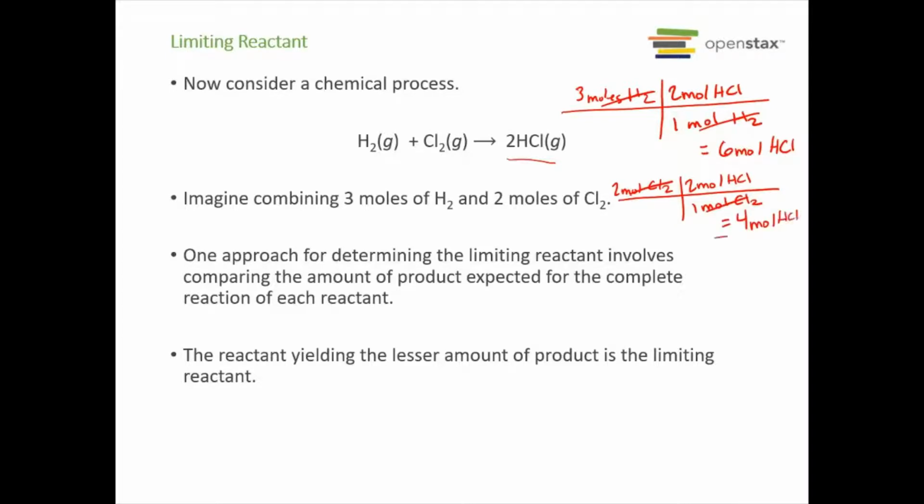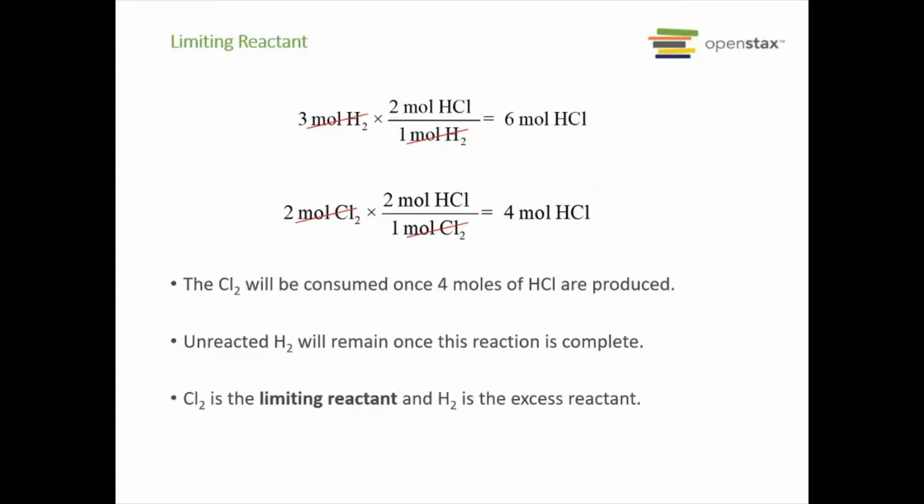So this tells us that chlorine here is our limiting reactant in this case. This may not always be the case because sometimes you might have a different starting amount. So don't think it's always chlorine that's going to limit the reaction. Okay, so again, chlorine is the limiting reactant and hydrogen is the excess reactant.